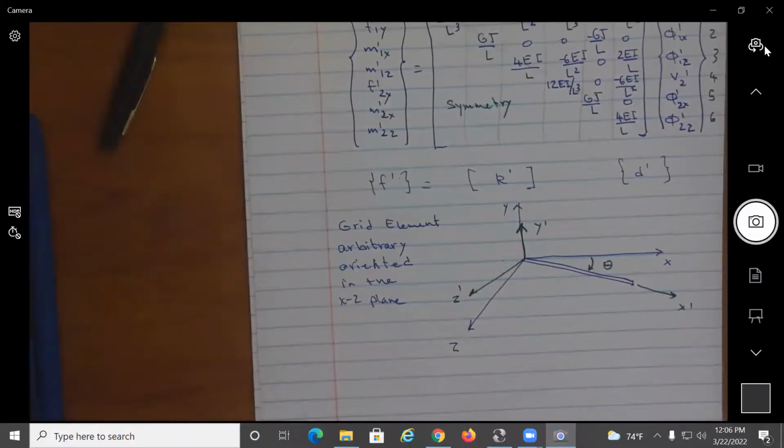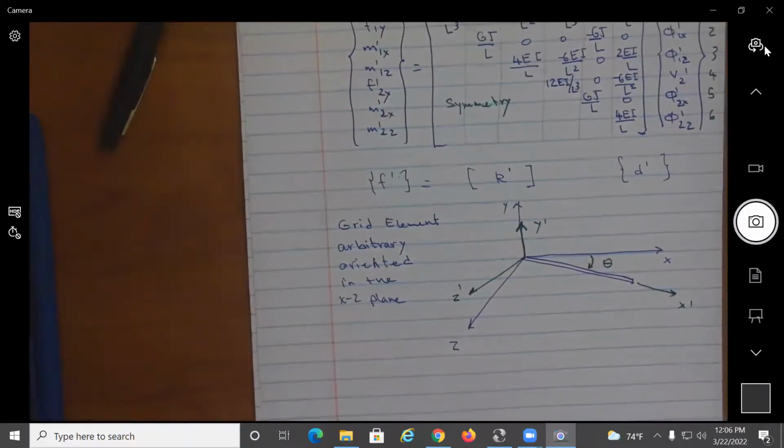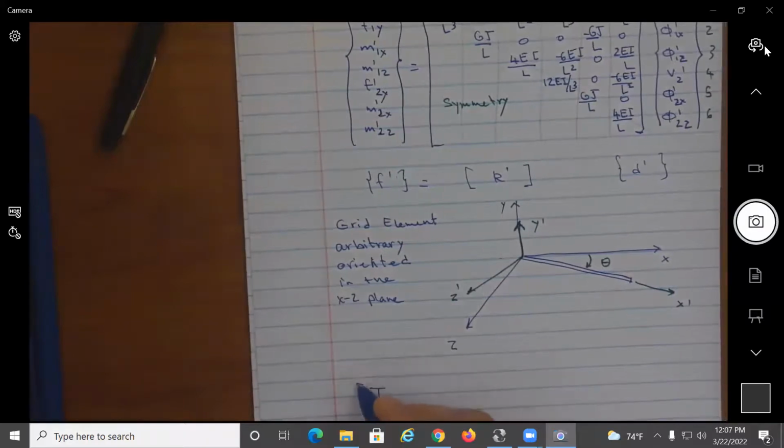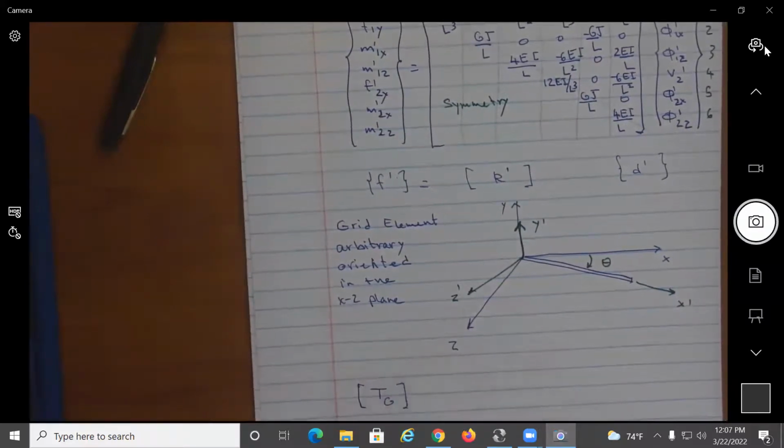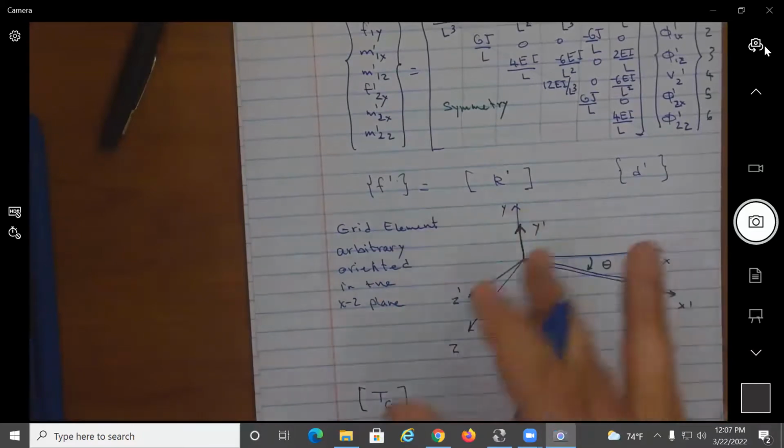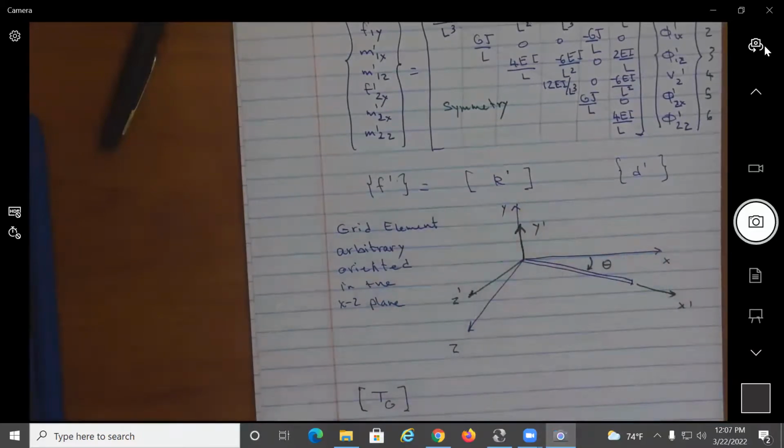Now, remember that if I want to come up with a transformation equation, or really a transformation matrix, a TG for the grid, we are working in 3D, right?